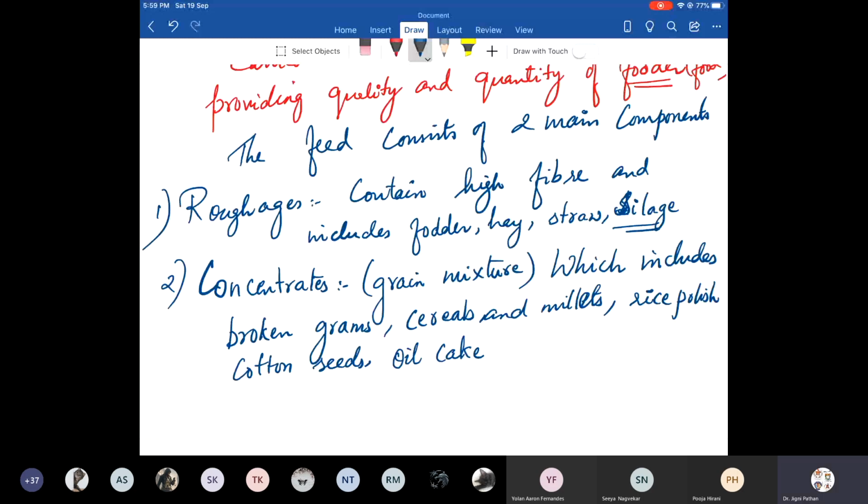Then minerals and vitamins are added to the feed of high yielding cows.